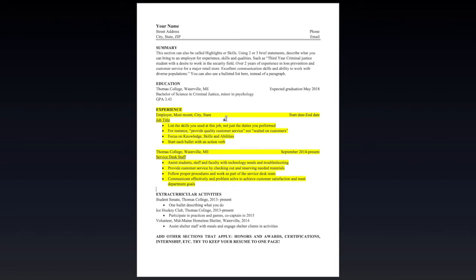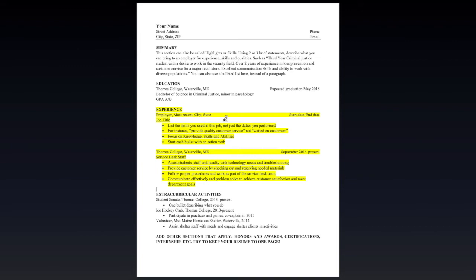Something that I ask people to do when they're thinking about skills, transferable skills, is to look at the job description of the job you're applying for and find the words in there, the description of what they're looking for. If they want professional communication, you've probably communicated professionally with your customers.